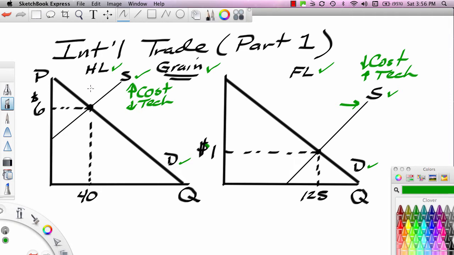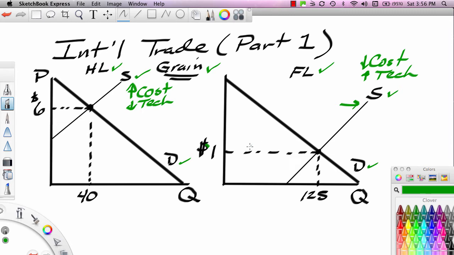Arbitrage is where somebody buys something low and then tries to sell it high. So there will be people who will see that there's a profit opportunity if they can connect buyers in Hillland with sellers in Flatland. So in other words, if I can somehow buy grain cheaply in Flatland and then turn around and bring it over here and sell it for a greater price in Hillland, there might be a profit opportunity.